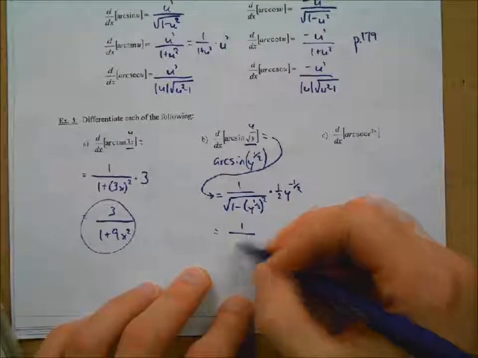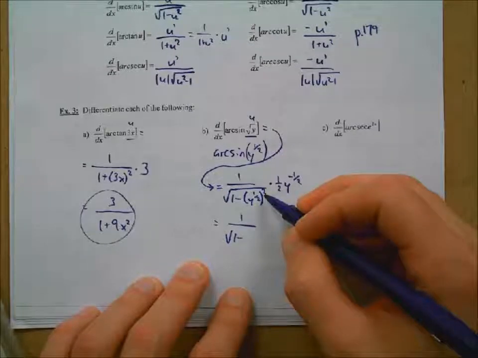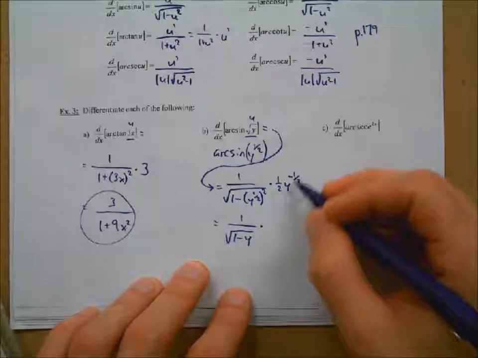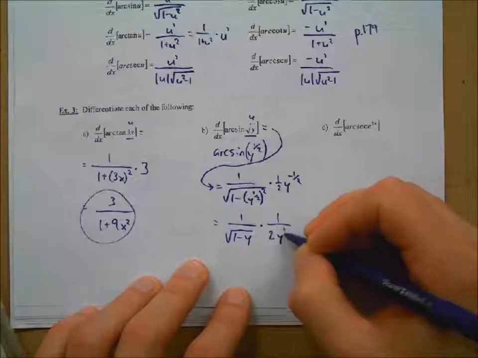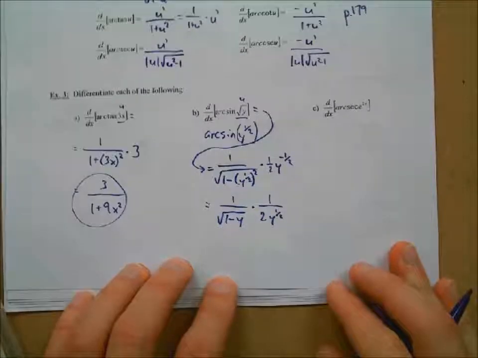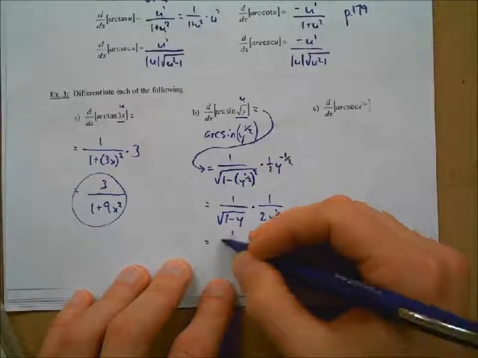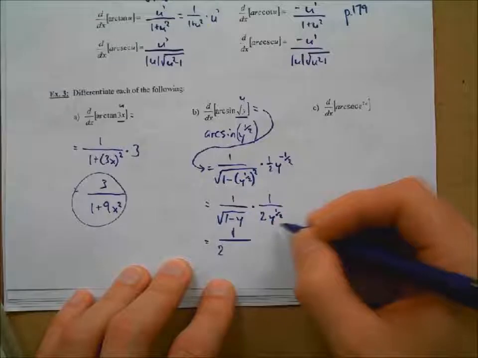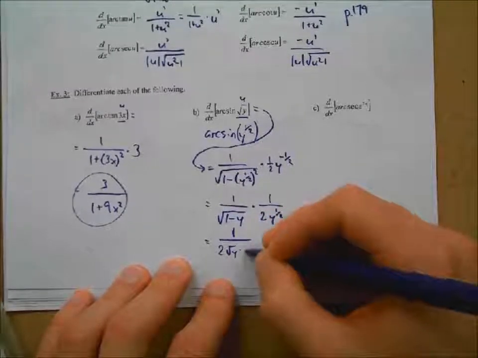So the square root of 1 minus y to the 1/2 squared becomes just what? Y. Yeah. Times, I'll change that y to the negative 1/2 to be 1 over 2y to the positive 1/2, which we can then multiply those denominators and numerators. So we have 1 in the numerator and then a 2. I'll change that y to the 1/2 to be the square root of y times the square root of 1 minus y.